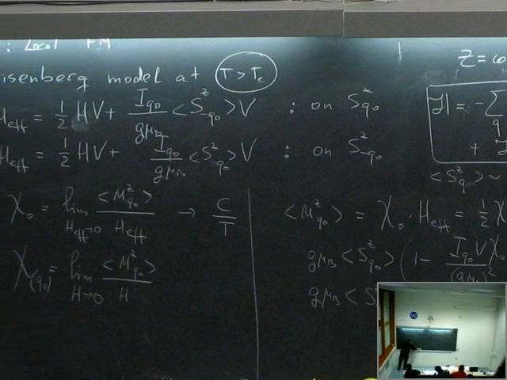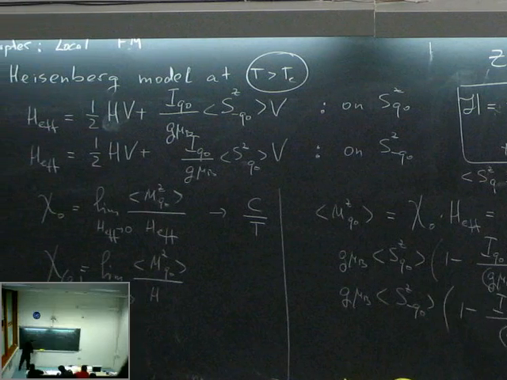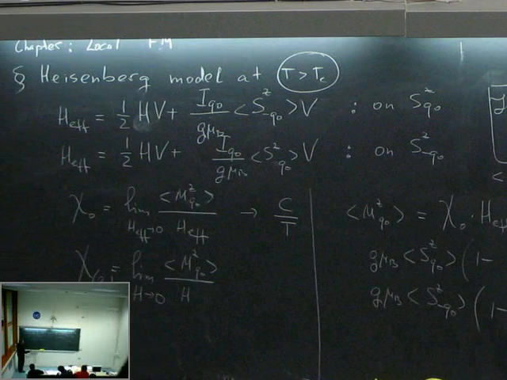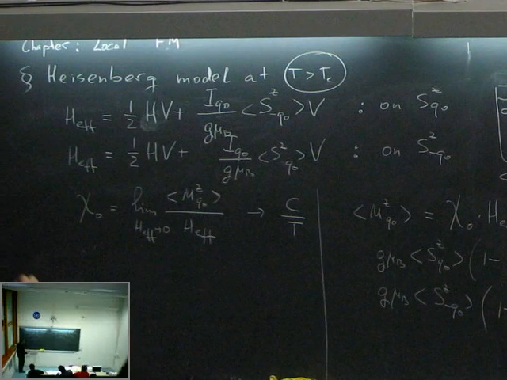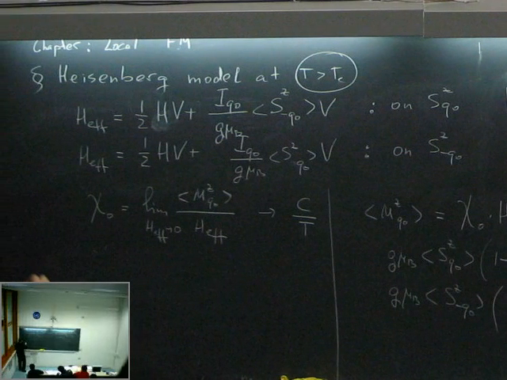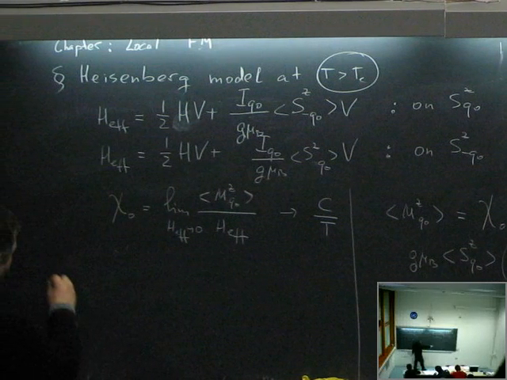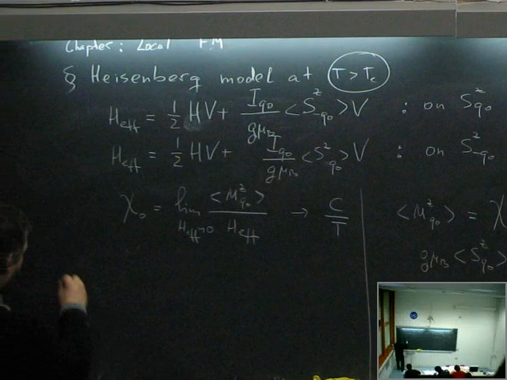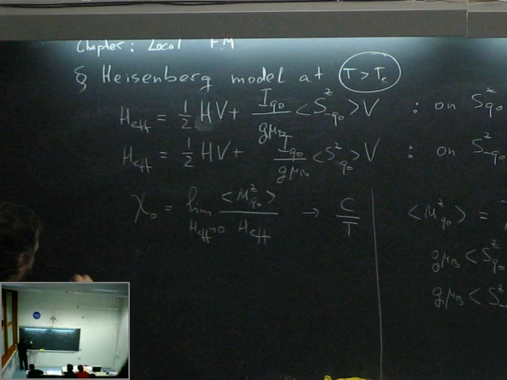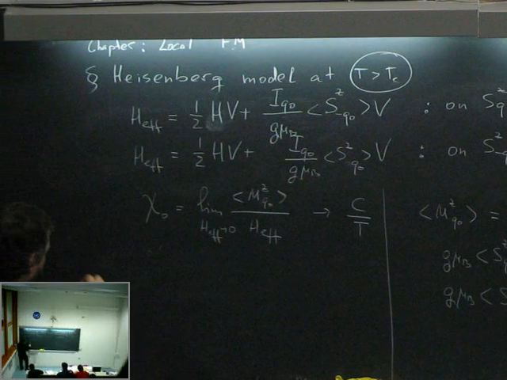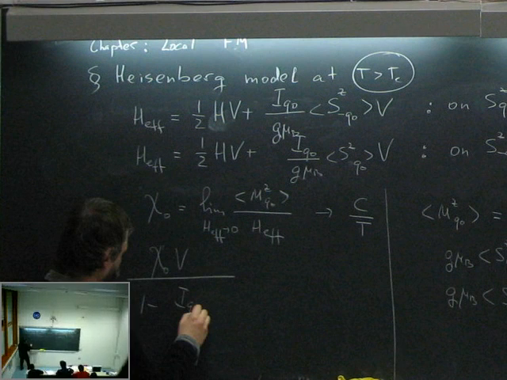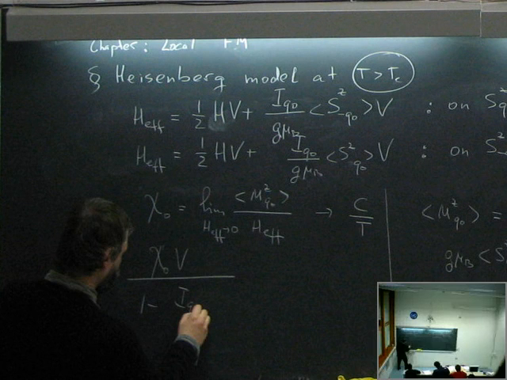Unfortunately, this blackboard is much smaller than the one we had in lecture room B. So chi(Q0) is equal to 1/2 and 1/2 give me 1: chi_0 V divided by 1 minus I(Q0) V chi_0 divided by (g μ_B)^2.